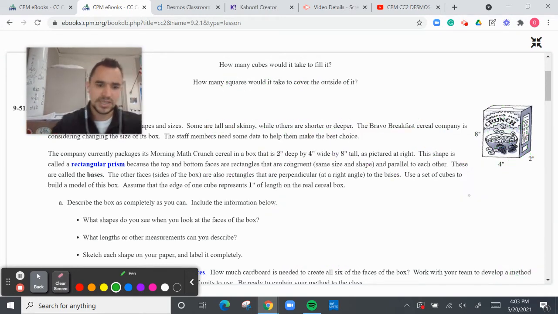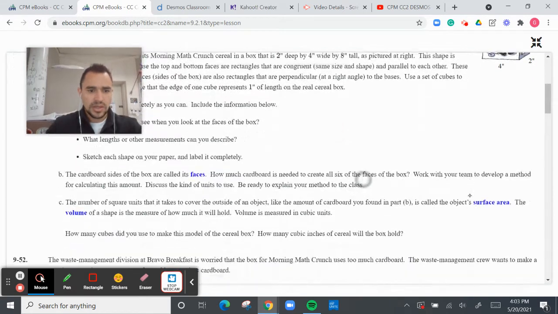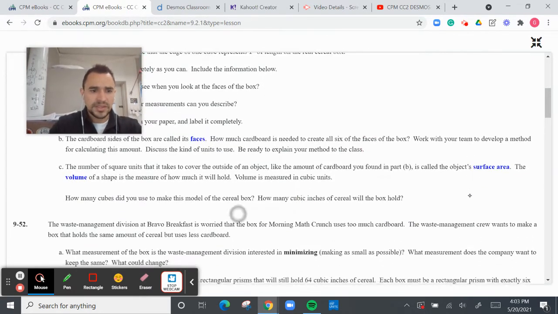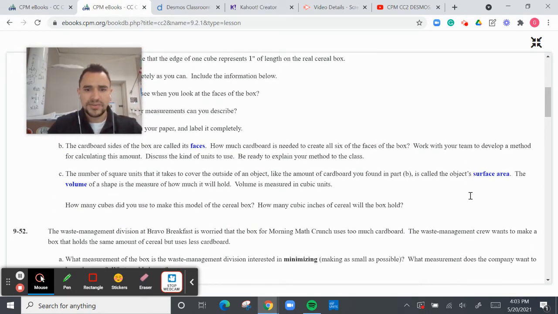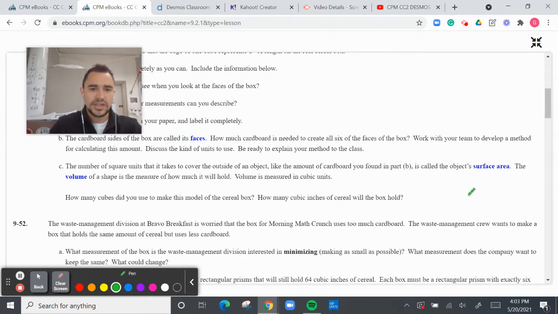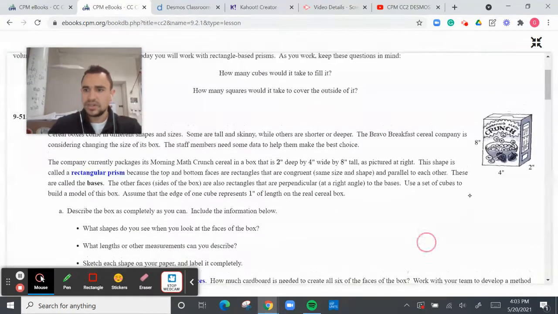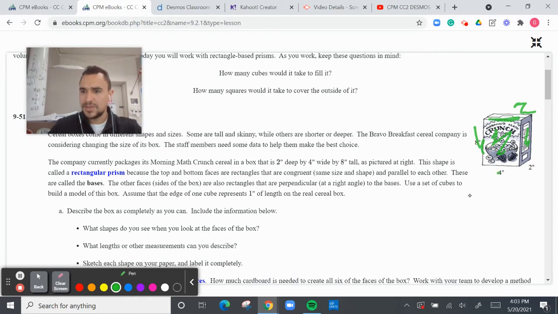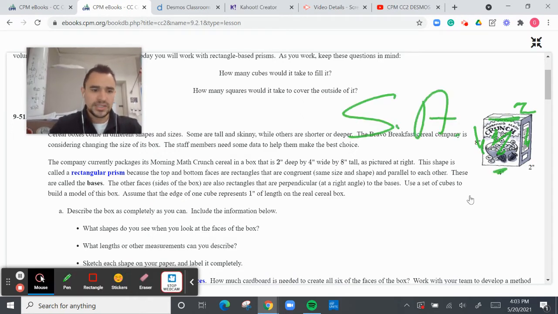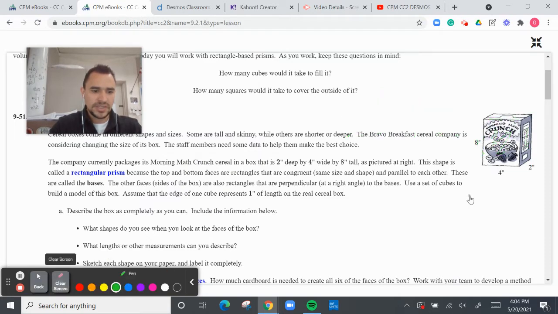And we'll probably get some examples coming up soon. All right. So that is my method. The number of square units it takes to cover the outside of the box, like the amount of cardboard, is called surface area. So the amount to cover the front, back, side, top, and bottom is called surface area, short for SA. All right, surface area.